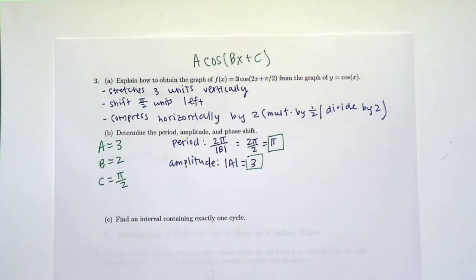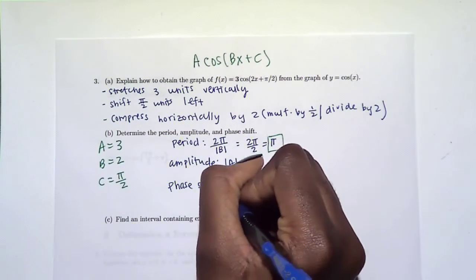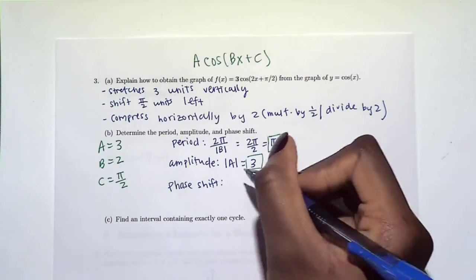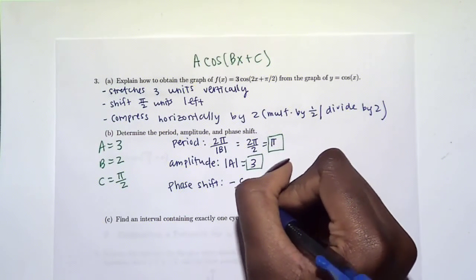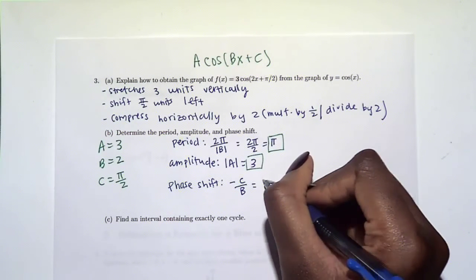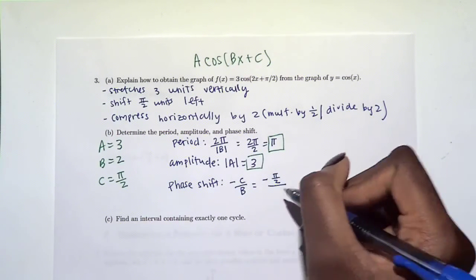Okay, and then let's see. We need our phase shift. Okay, negative C over B. All right, so our C is pi over 2. Our B is 2.